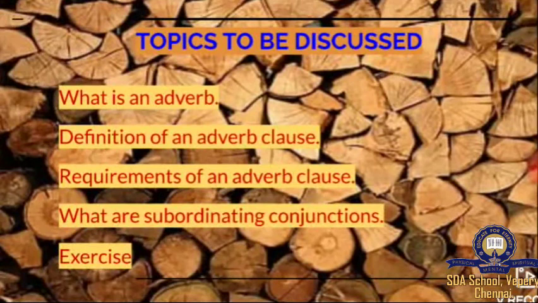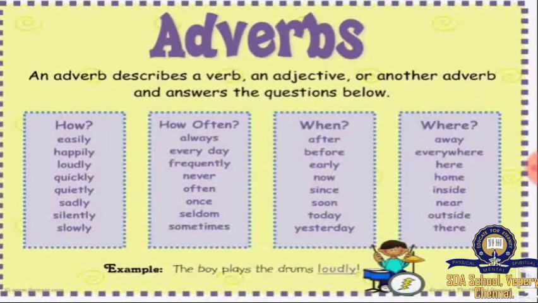So, the topics to be discussed today are: what is an adverb, definition of an adverb clause, requirements of an adverb clause, what are subordinating conjunctions, and finally, you'll have some exercises. So, first, let's see what are adverbs.